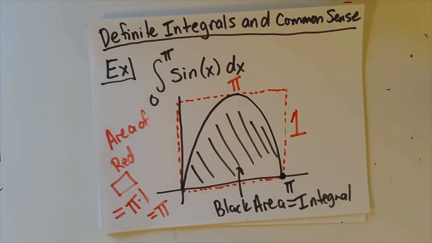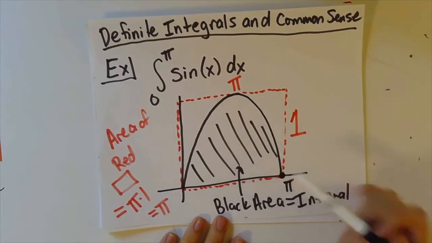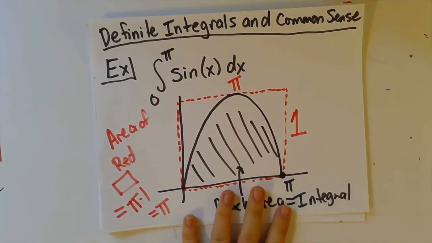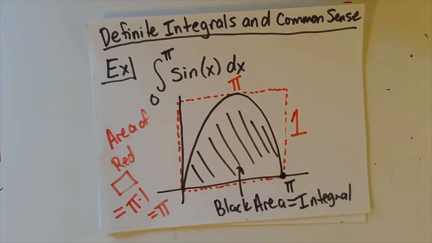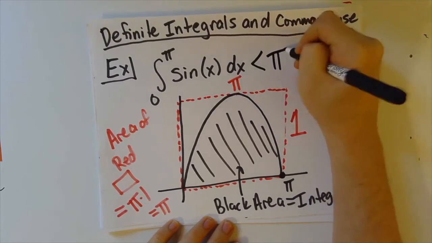I can fit the entire black area inside a rectangle of area pi and have some stuff left over. So the black area must be appreciably less than pi. My conclusion from this picture is that this area is less than pi.